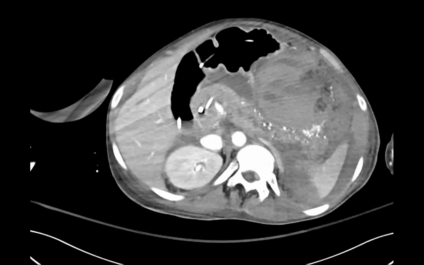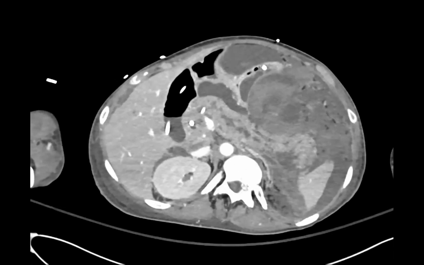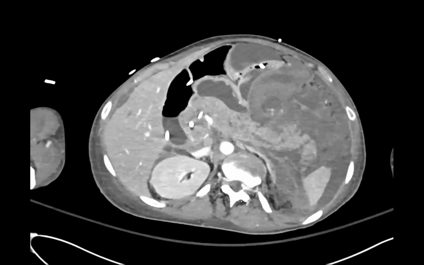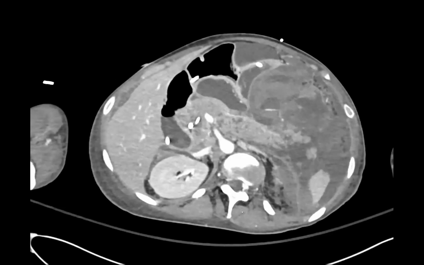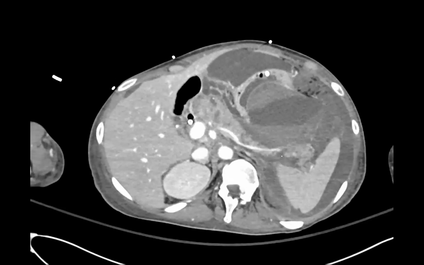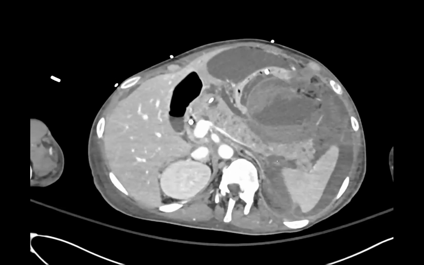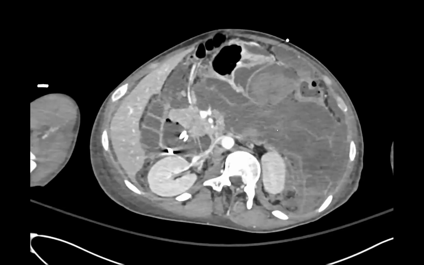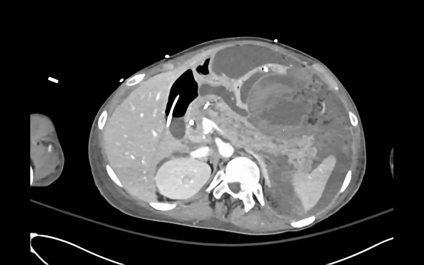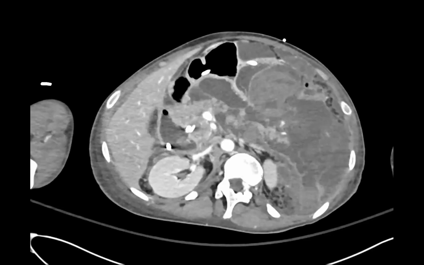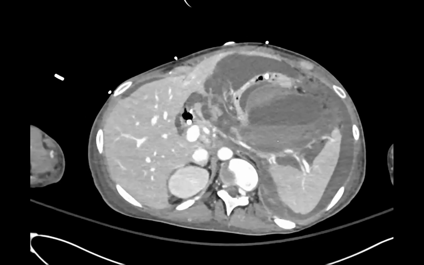Wait, is that going to take out the pancreas? Yeah. I had never seen this before. This is exactly the point of showing this case. I've never seen them embolize the pancreas. Wait, was it intentional to embolize the pancreas? Yeah. They intentionally did it because the patient was basically having active bleeding right here. Extravasating. Yeah.